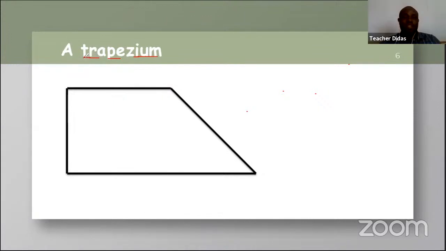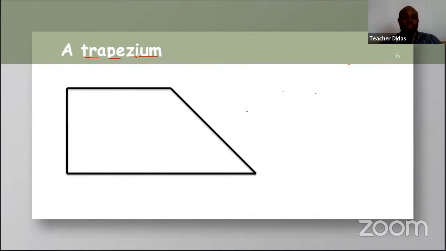No. It is trapezium. Let's read together. Ayla, say tra. Tra. Pe. So join the two. Trape. Z. Now we have trapeze.